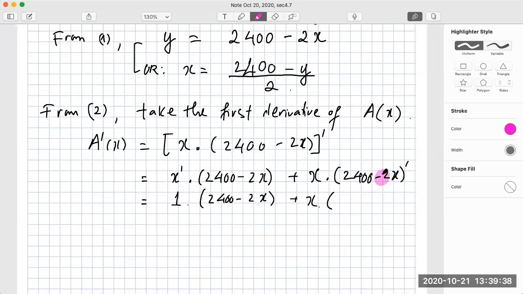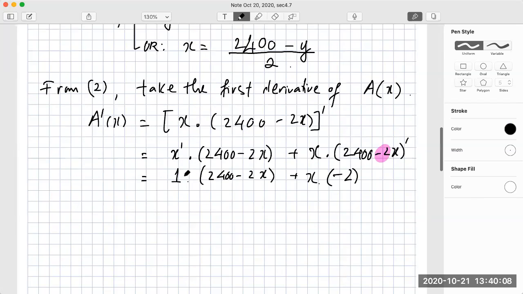So be careful because there is a negative sign right here. Very good. So do you all see it? So it becomes negative 2.